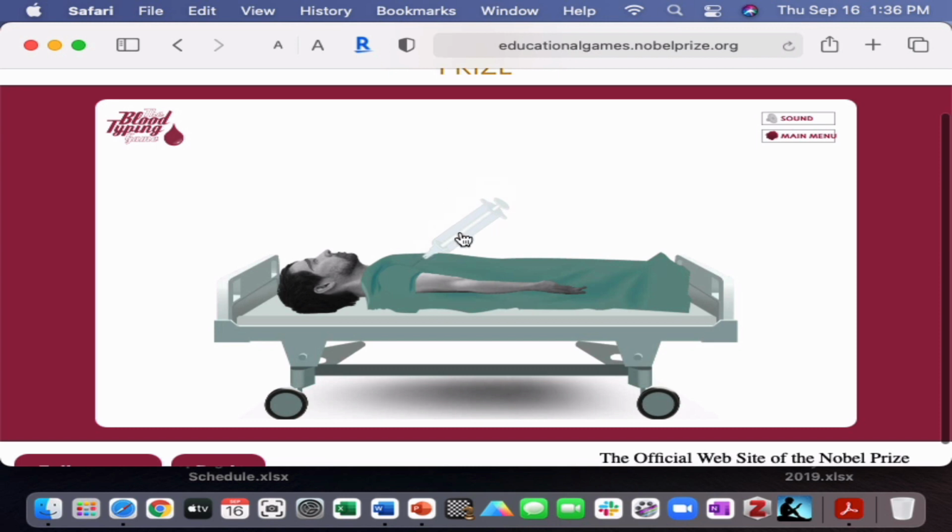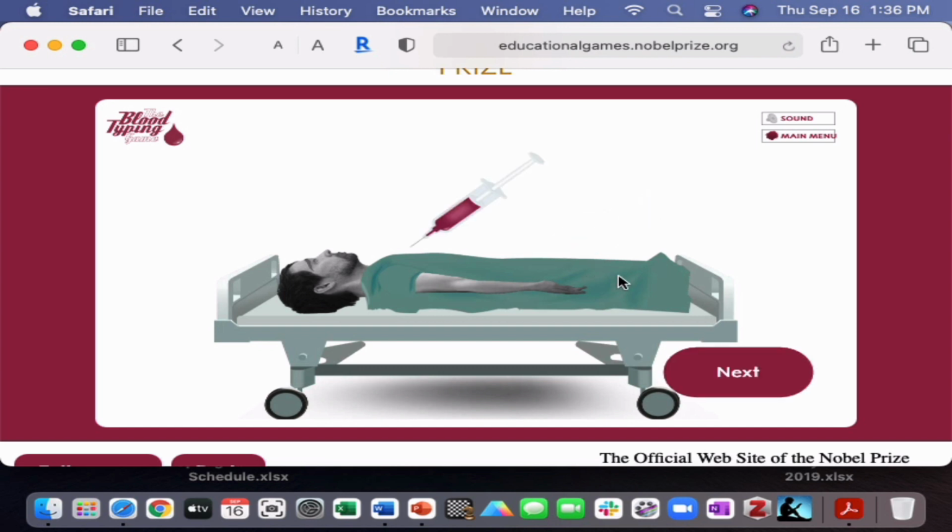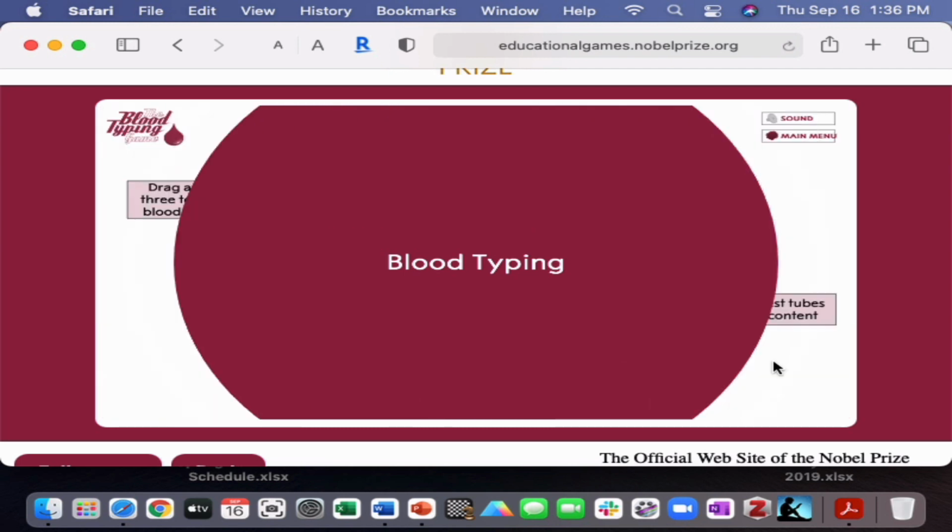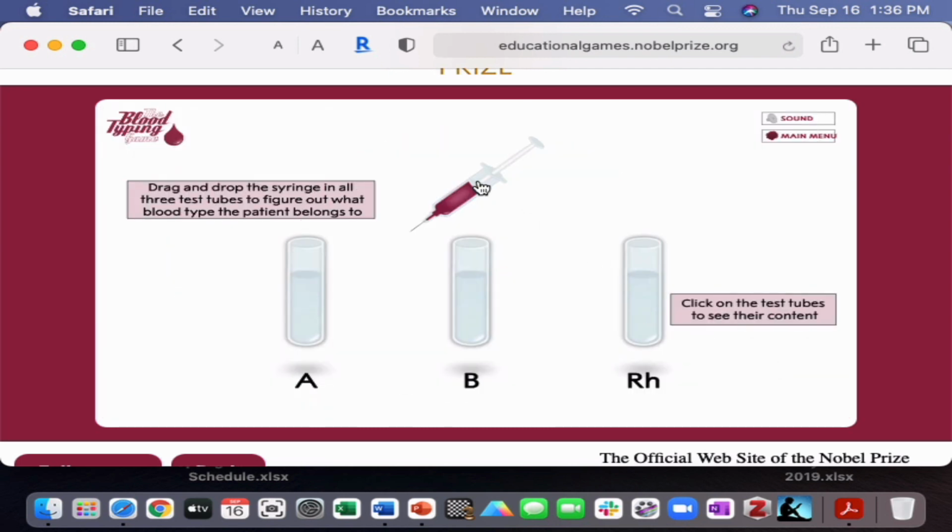We need to take some blood. We hope that we can take blood from our patient. There we go. All right, I got blood from my patient. Now I'm going to take the blood and put it with the 3 different kinds of antibodies.